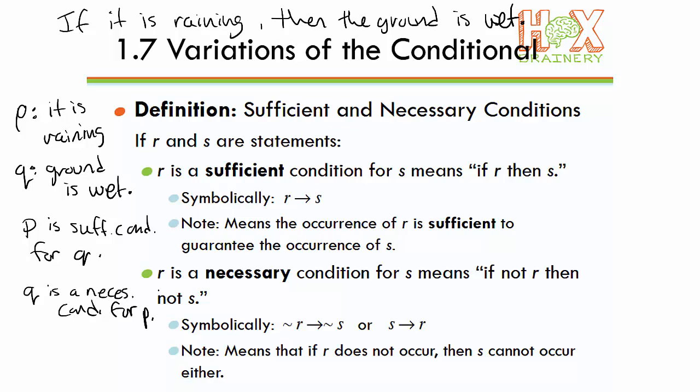It's not a necessary condition because it's not the only way that the ground can get wet. And you can also look at Q. We know it's a necessary condition for P, right? The ground being wet is a necessary condition for it to have rained, but it's not a sufficient condition. The ground being wet is not sufficient enough to say that it rained.